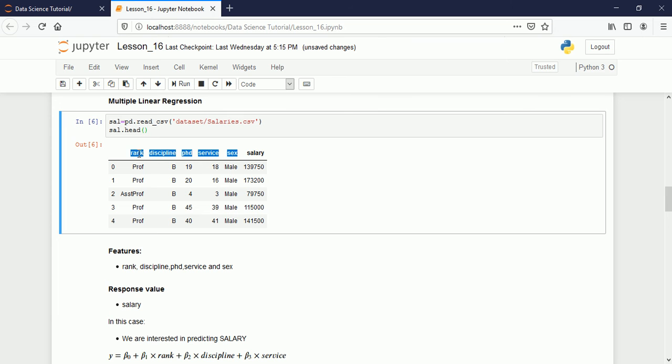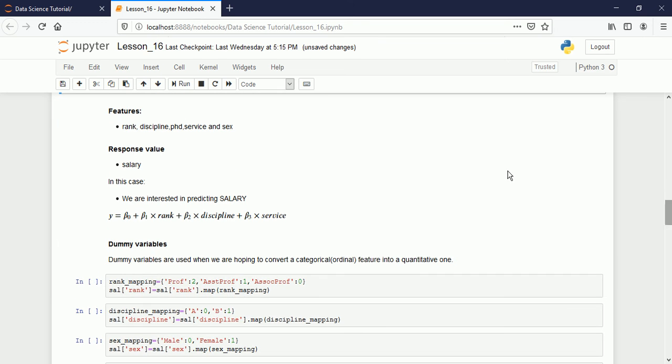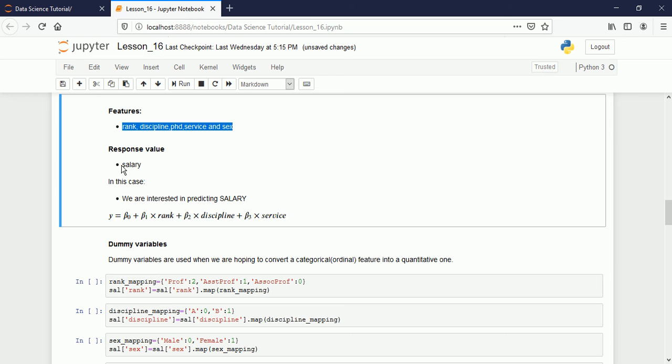So here we have more than one feature: the rank, the discipline, the PhD, then the service, then the sex. The model has to predict the salary of a person based on these features, which are called the predictors or input data, and this is called the response value.